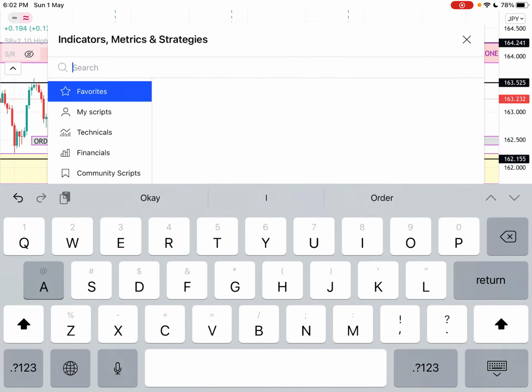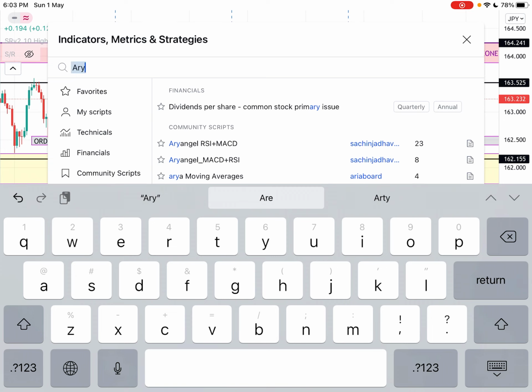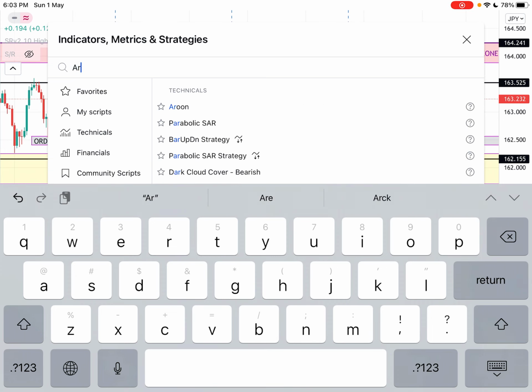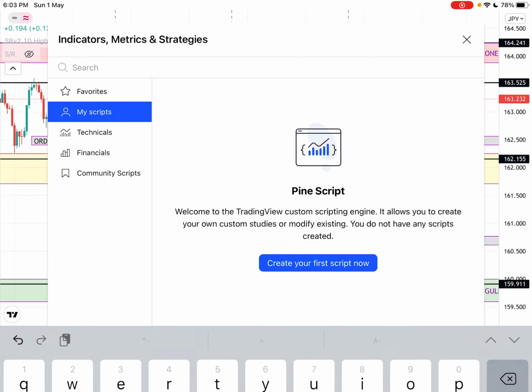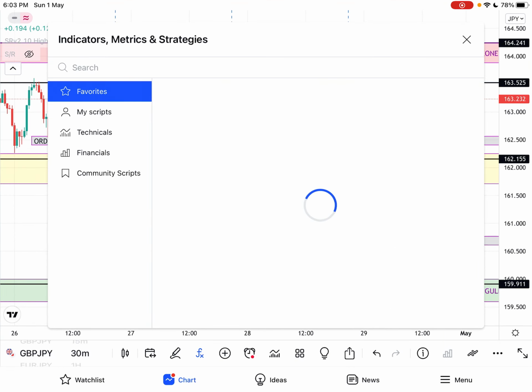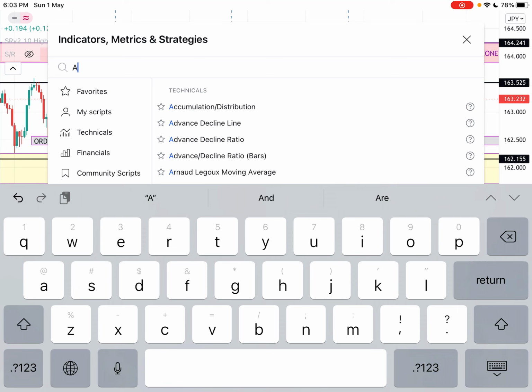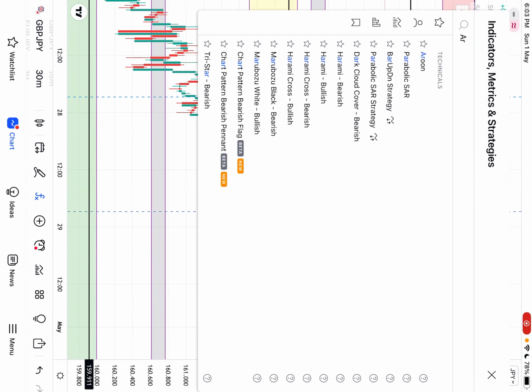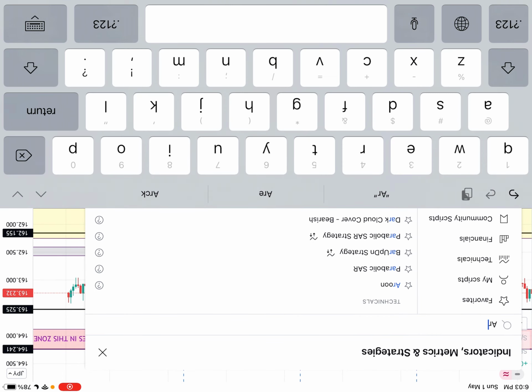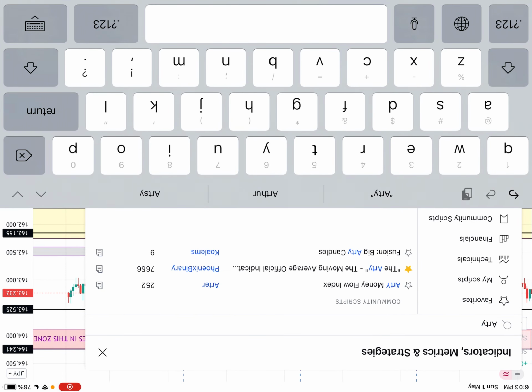So come here. The name of the indicator is called RT. Yeah, so you can see the second one, the ATI, the moving average official indicator by Phoenix binary.